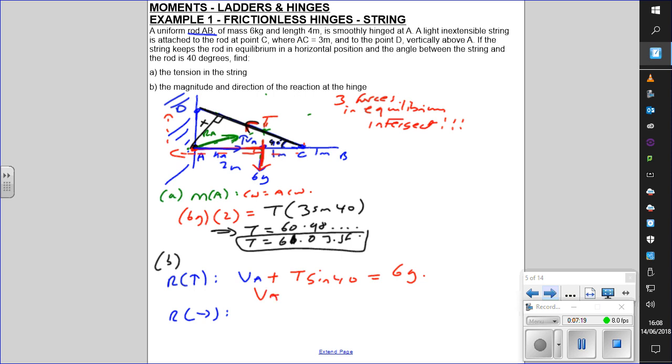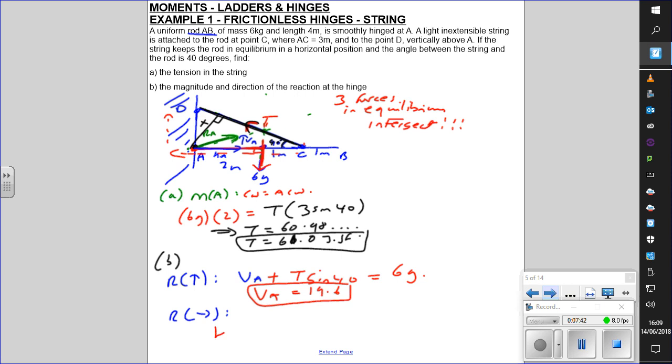So VA must equal 6g, subtract T sine 40, and I know T is 61, okay? Well, I'm going to use the exact answer that I had before. So 6 times 9.8, subtract answer times sine 40, I should get 19.6 newtons, right?